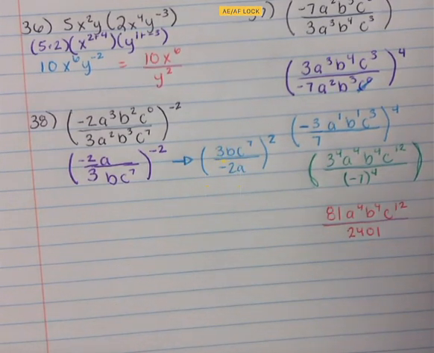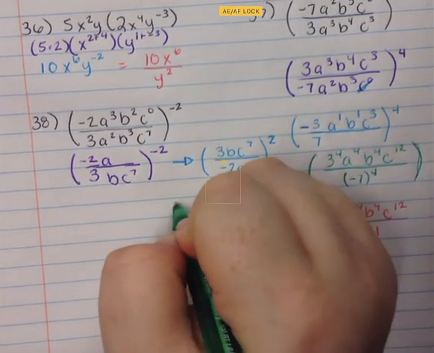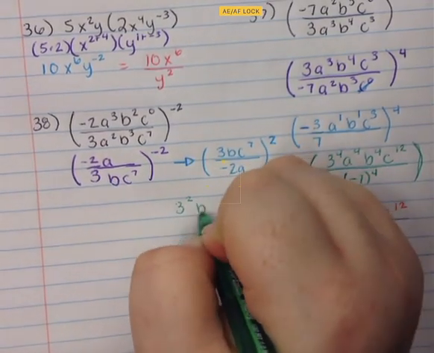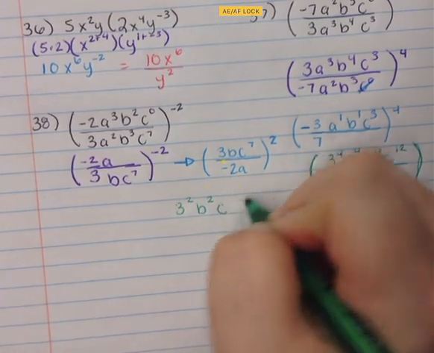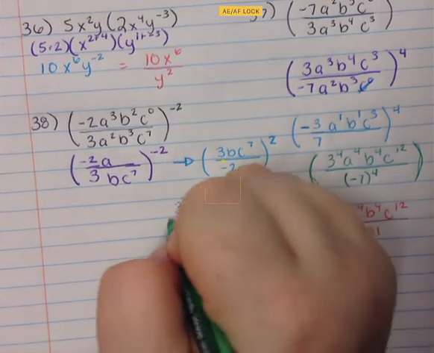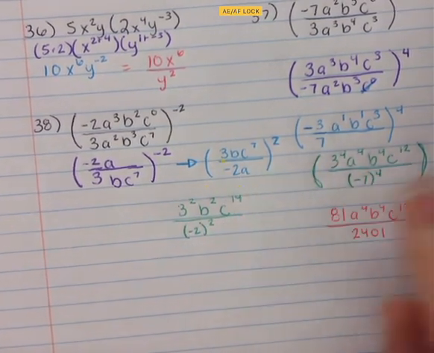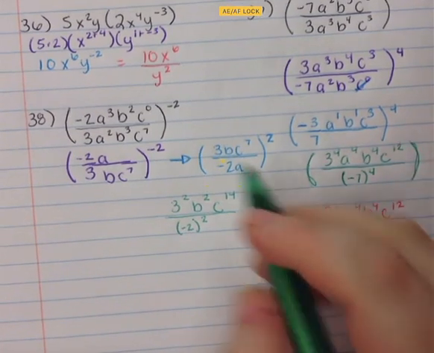So we got to be careful about this because of this negative. So this becomes 3 squared, b squared, c to the 14th, because it's 7 times 2, divided by that negative 2 is squared. So I have to put that parenthesis around that negative 2, and then the a is squared.